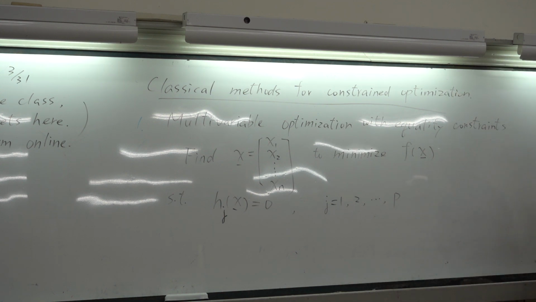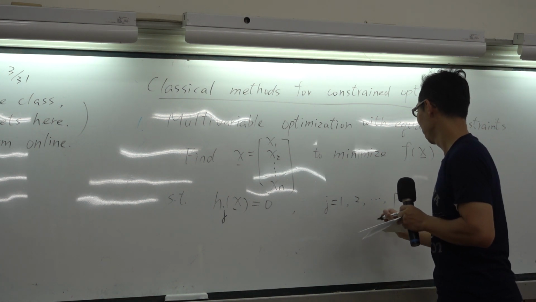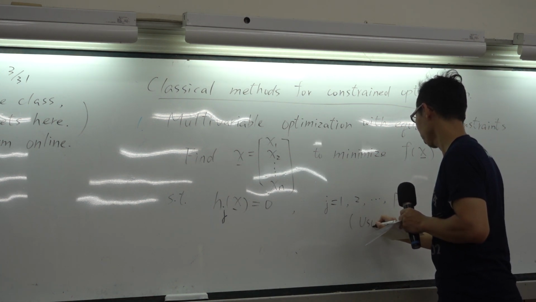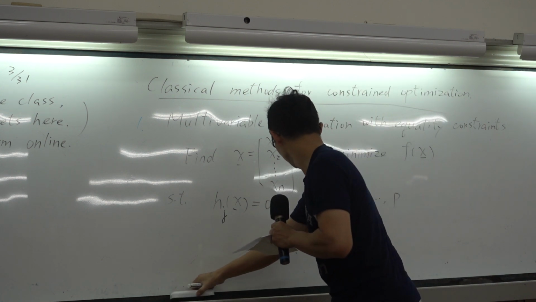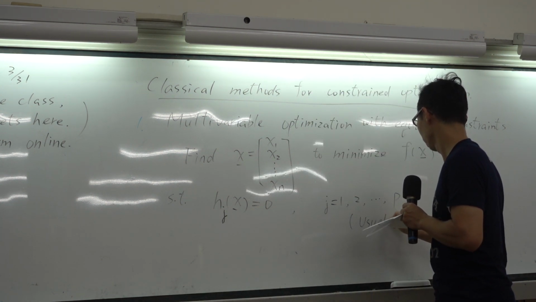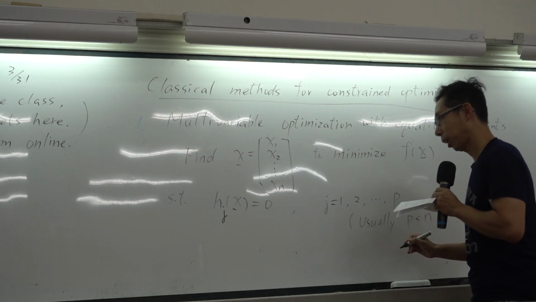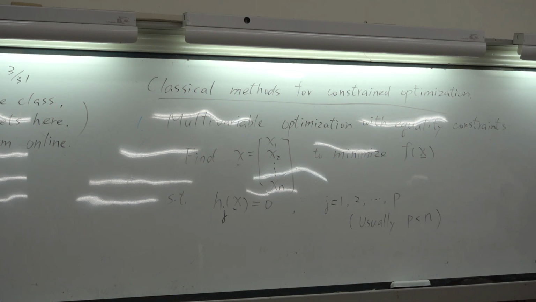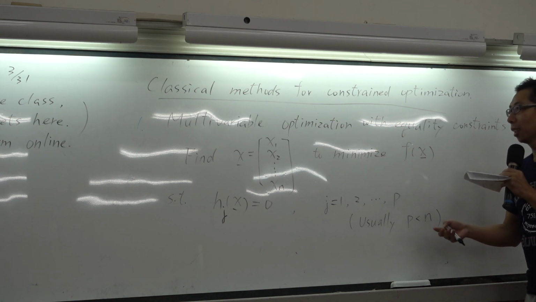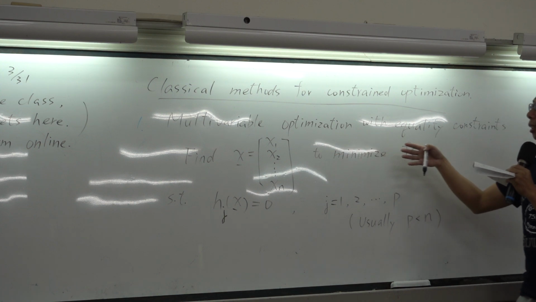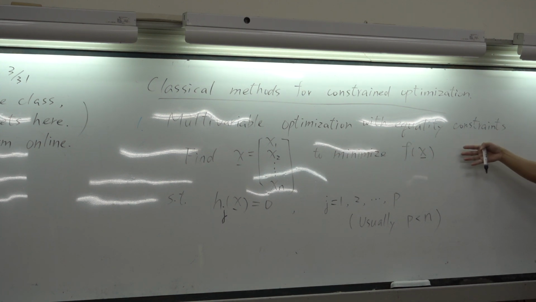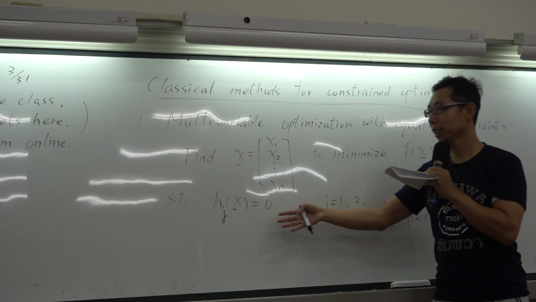Usually, p is less than n. Why? I talked about this two weeks ago in our first class. We have n variables and we try to minimize this function subject to the constraints.